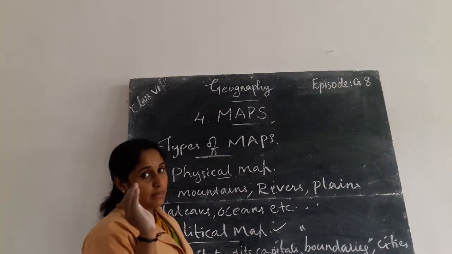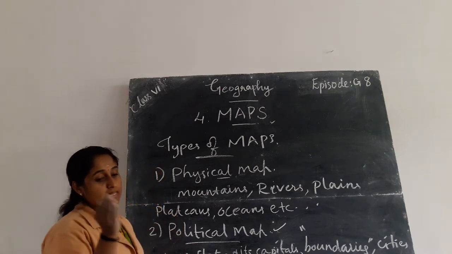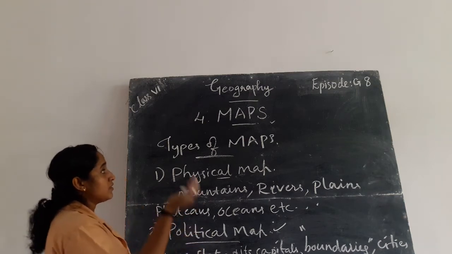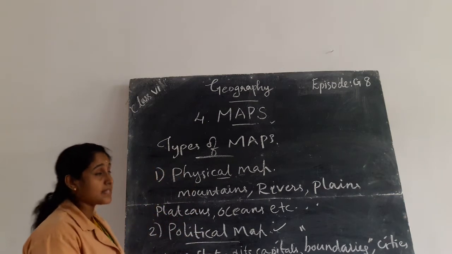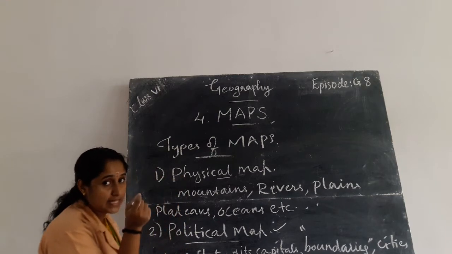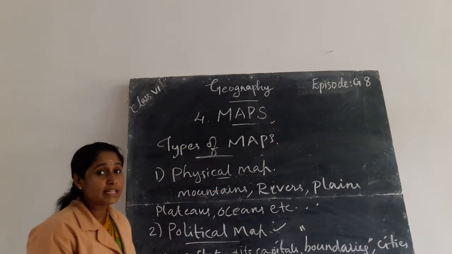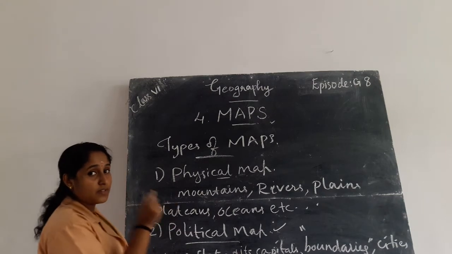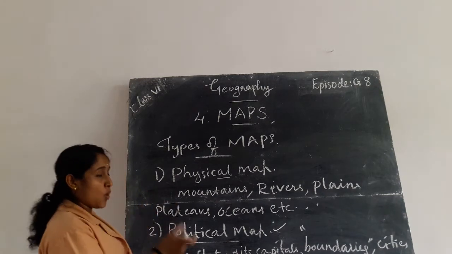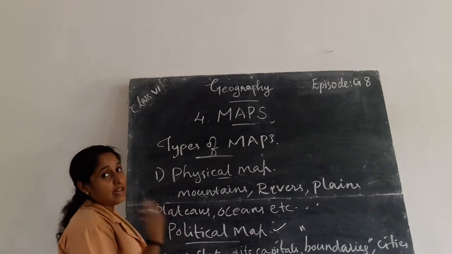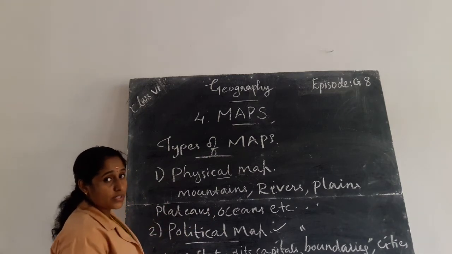So what do you mean by map? A map is a representation of a surface. We have different types of maps. The first one is the physical map. What do you mean by physical map? A physical map shows physical or natural features of the earth, like mountains, rivers, oceans, plains.